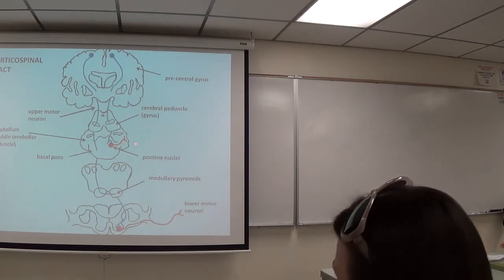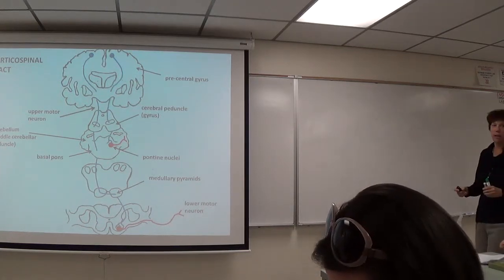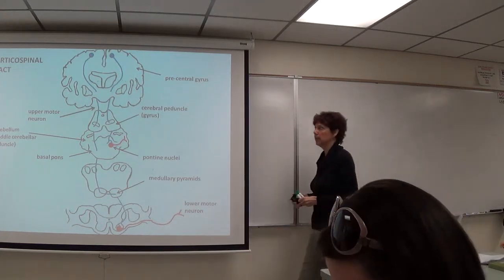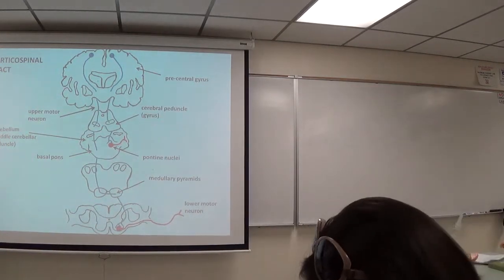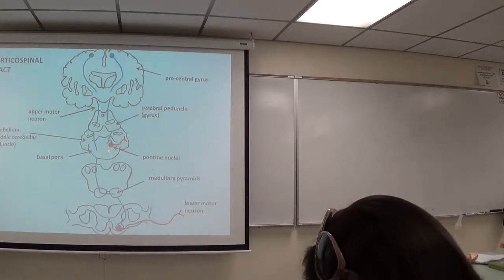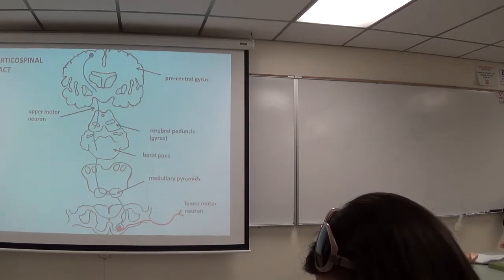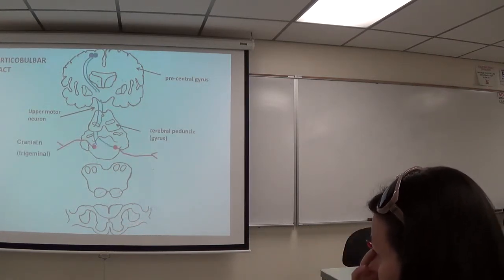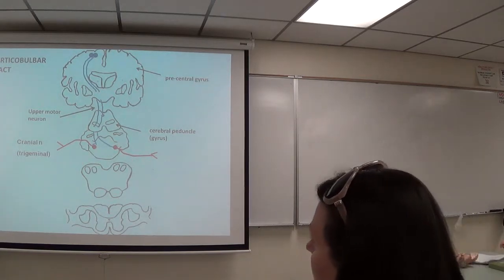Now, what was the significance of this? We talked about, this is still a cortical spinal pathway. This is why the basal pons is so large. These are called pontine nuclei. And notice in this previous one, that was a cortical bulbar, the lower motor neuron left the brainstem as a cranial nerve.